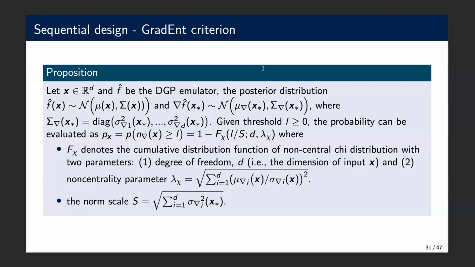Let's consider the posterior distribution of the gradient expressed as a normal distribution, where the covariance matrix we consider is diagonal, so it is uncorrelated between each dimension of the input. Given a certain threshold, the probability can be evaluated as 1 minus F chi, where chi is the non-central chi distribution.